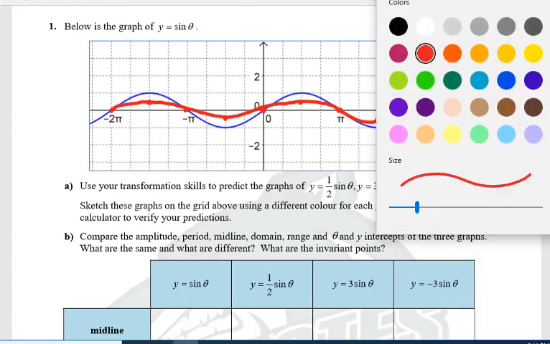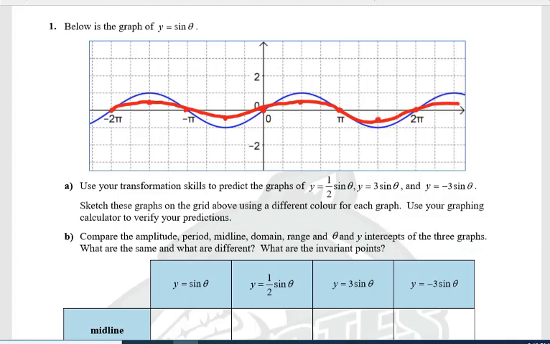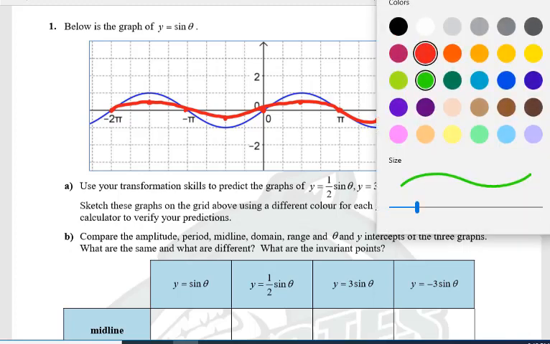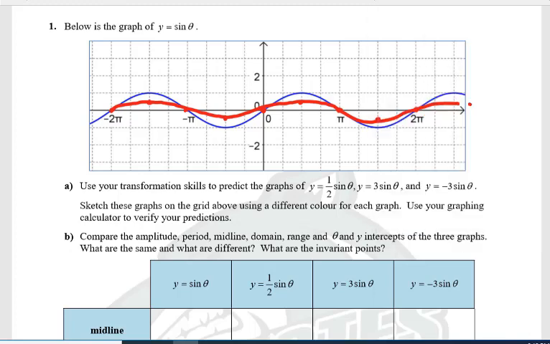All right, let's do the second one. Let's do this in a different color. I'm going to do this one in green. If we're doing this, we should probably label this and call this y equals half sine theta.